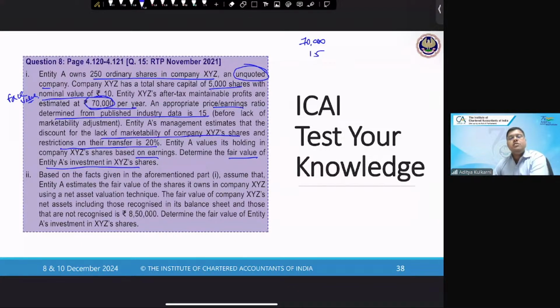Now, for the adjustment, you have taken it at 20%. So your multiple has to be multiplied by 80%, 20% being the discount. So this comes to 70,000 into 15 into 0.8. So that comes to 8 lakhs.